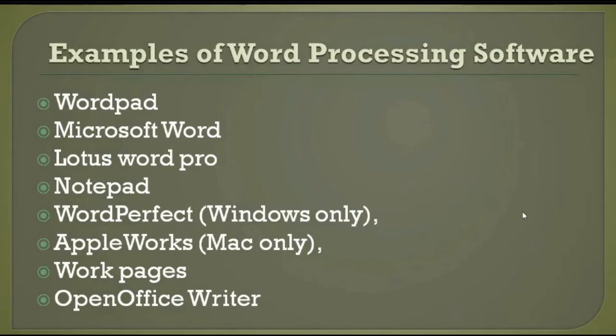And apart from these examples, we have more: WordStar and Google Docs that can be used only online, and LibreOffice Writer. So these are all the examples of word processing software.